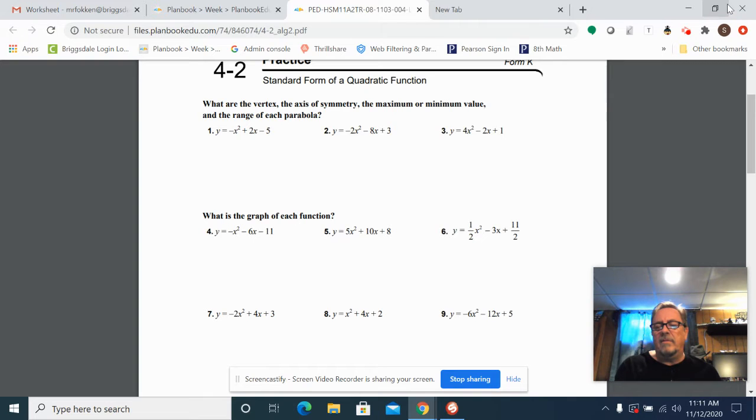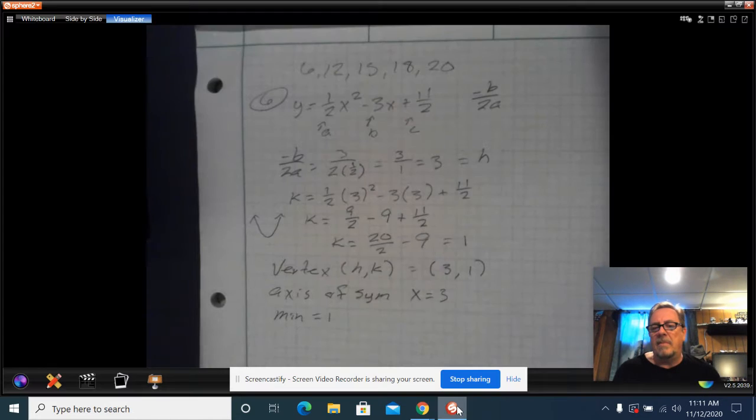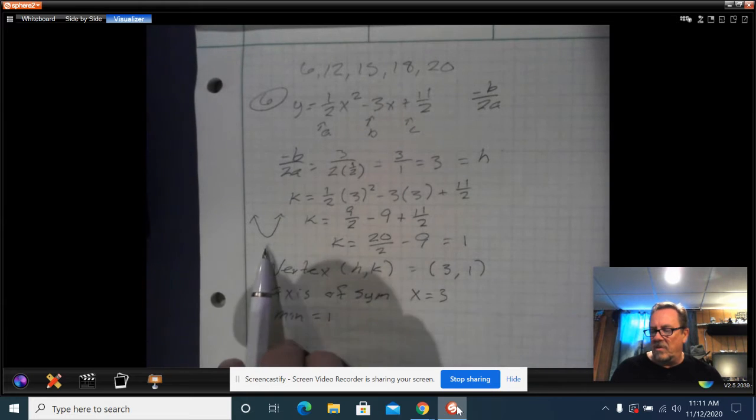Oh, the range. Remember, the range is going to be the y values that this function can take on. And so as we look at the minimum value, that's the minimum y value, but there's no maximum y value.